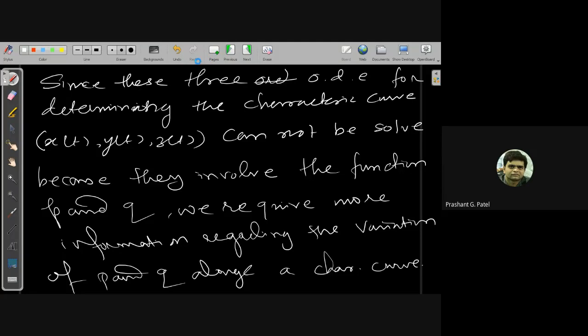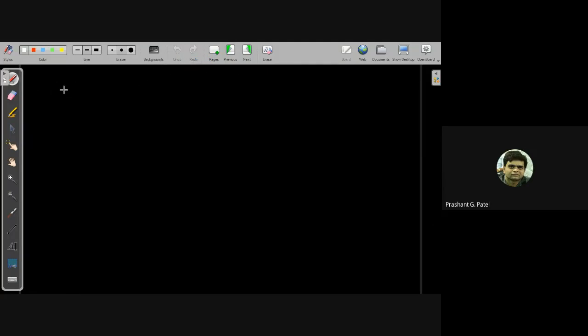So along such curves on the given surface, we can write down dp by dt. We have p, which is a function of x and y, and x and y are functions of t. So we can talk about the total derivative of p with respect to t.